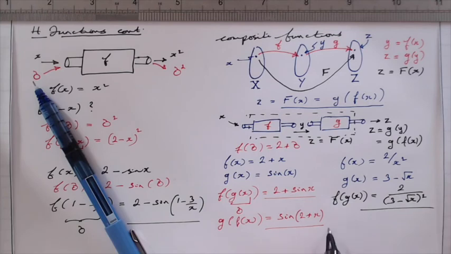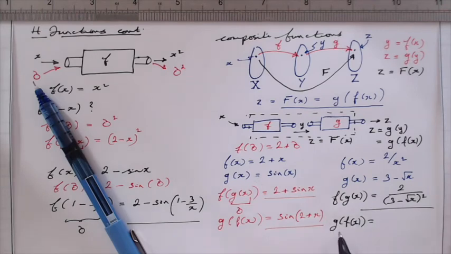And then on the other hand, you'd have g of f of x. Well, let's see, f of x is just 2 over x squared. g of its argument is 3 minus the square root of the argument. At the risk of being boring, we could say g of apple is 3 minus the square root of apple. The apple here is f of x.